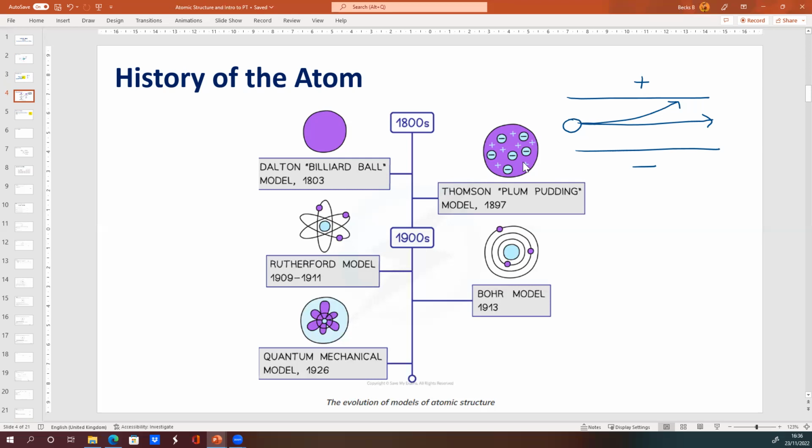So we're getting closer to what we know today. Then in 1913 we got to pretty much where we are today, what we learn about in lessons: the Bohr model, where electrons orbit in different energy levels.